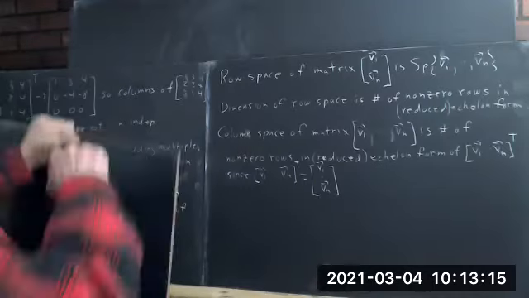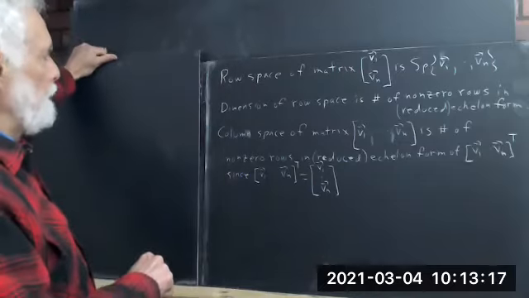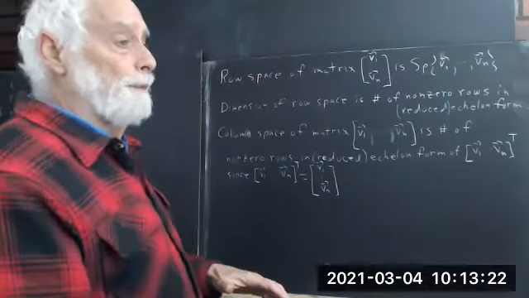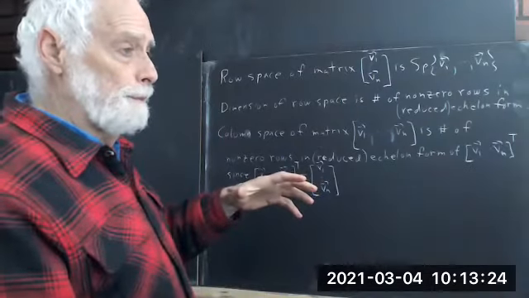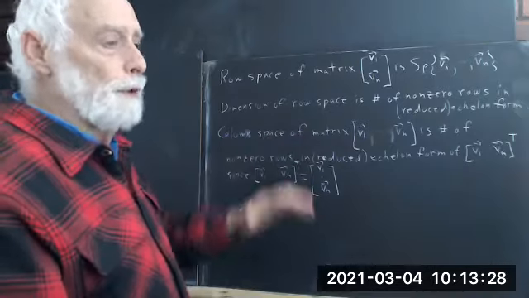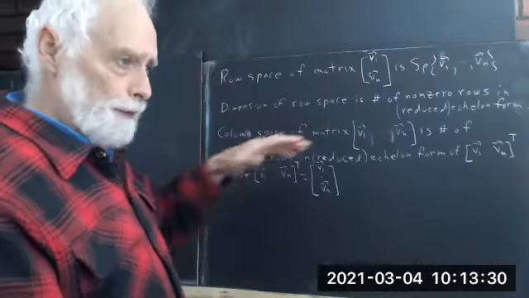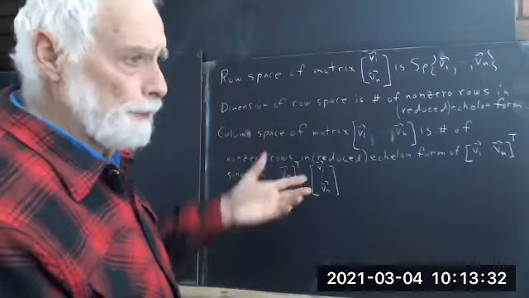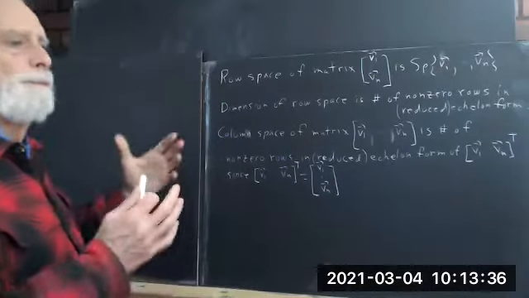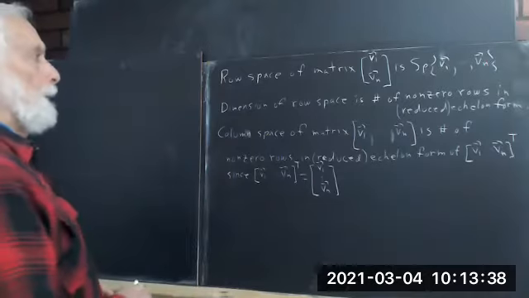So you reduce a matrix to echelon form, and you get a basis for the rows, for the span of the row vectors, for the set of row vectors.